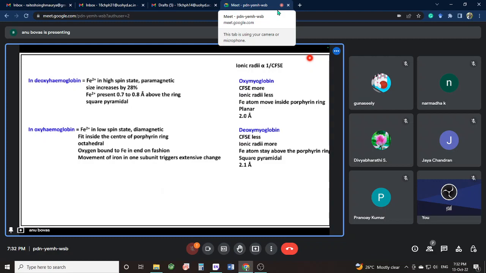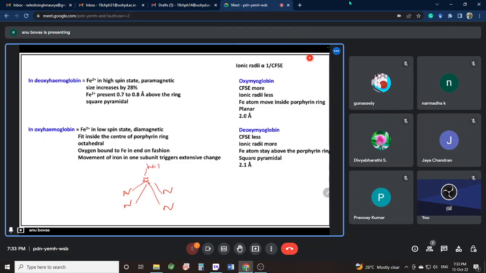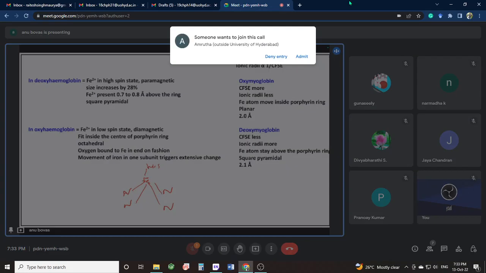If we have a porphyrin ring with N, let me draw simply N, and iron and a histidine residue. This iron will not be on the plane. It will be a little bit above the plane, normally like a square pyramidal shape, when it is in the deoxygenated Fe2 plus state.